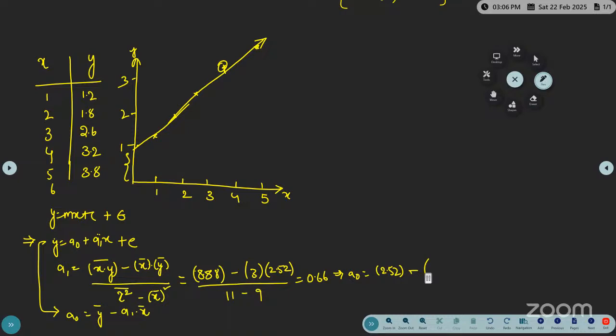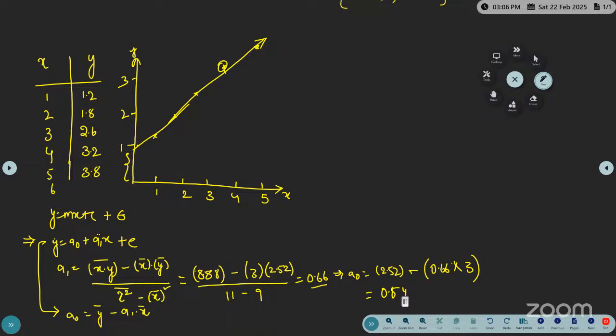The A1 value here we got is 0.66. So 0.66 into X mean, which is 3. So this value becomes 0.54.